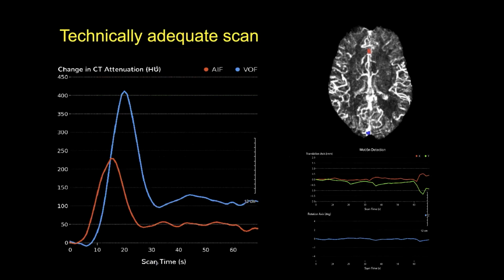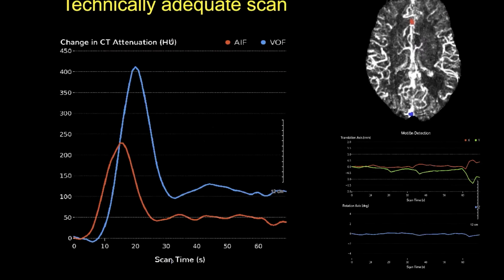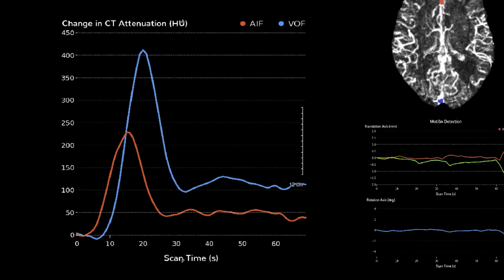So this is a technically adequate scan. What do I mean by that? Remember, we said three things. So this is the time density curve. What I want to see is a nice upslope and a downslope, and it coming to the baseline. And you can see that this is happening both in the AIF, or the arterial input, and the venous output function.